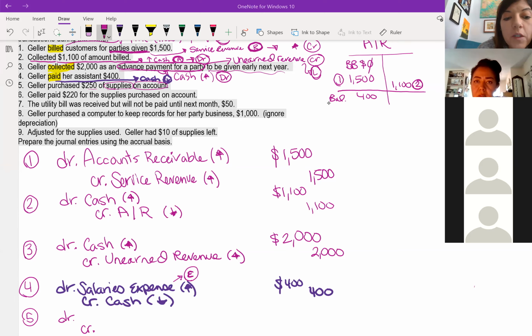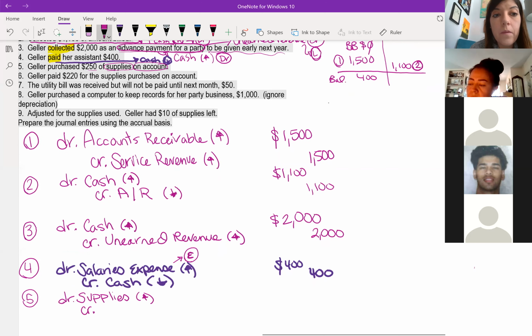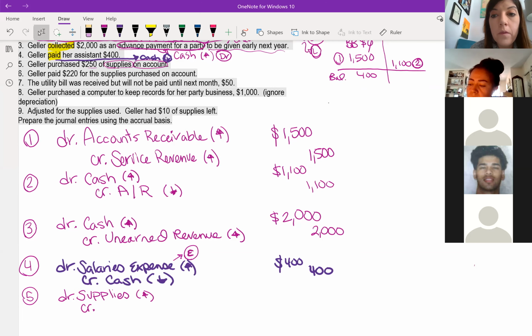So we're going to debit supplies, increasing the asset account. So this is important. Supplies, when we purchase supplies, is an asset. Could you move the screen down a little bit? Yeah. Better? Yes. So when we purchase supplies, it goes into the asset account. We haven't used the supplies yet, so we have it to be used in the future.